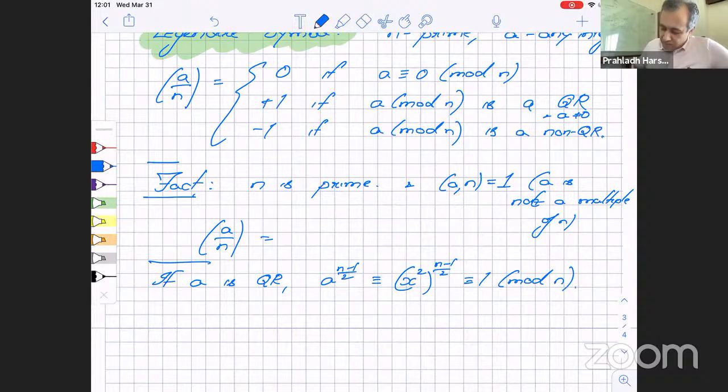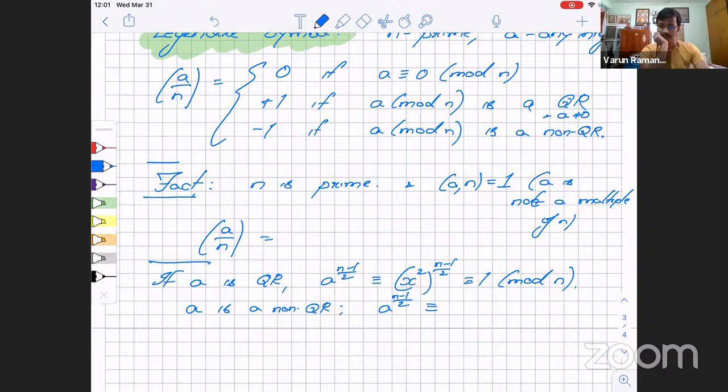Okay. And actually, you can see if a is a non-quadratic residue, notice a to the power n minus 1 by 2, what can it be? You know a to the power n minus 1 is 1. So a to the power n minus 1 by 2 is some number whose square is 1. So it can only be one of two numbers.